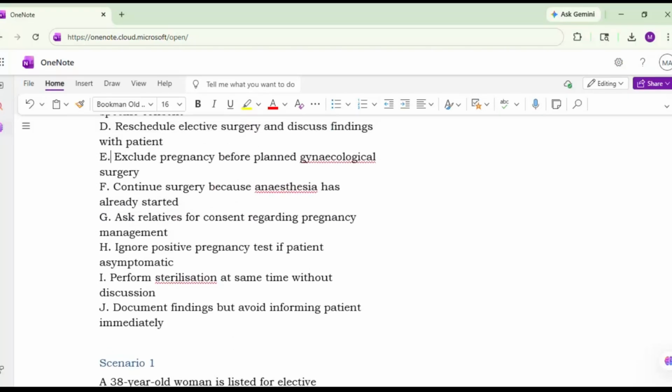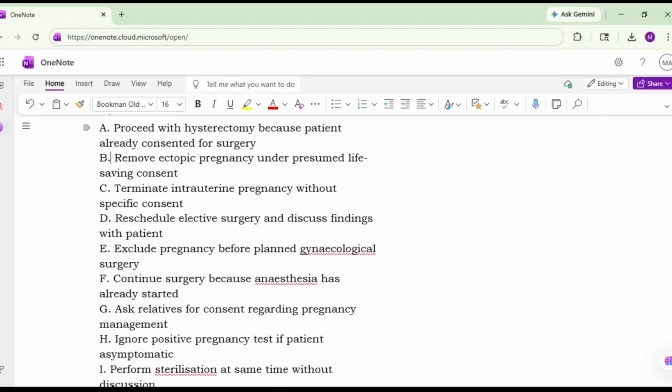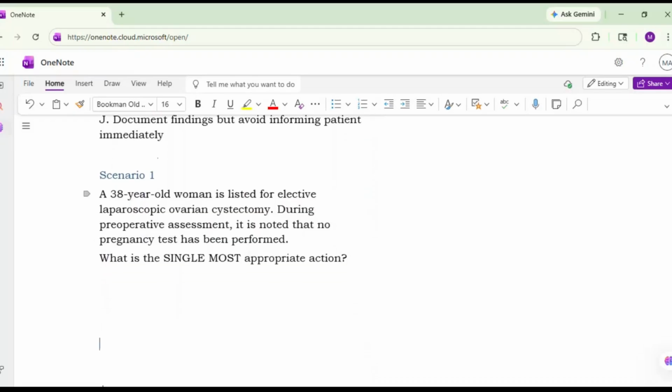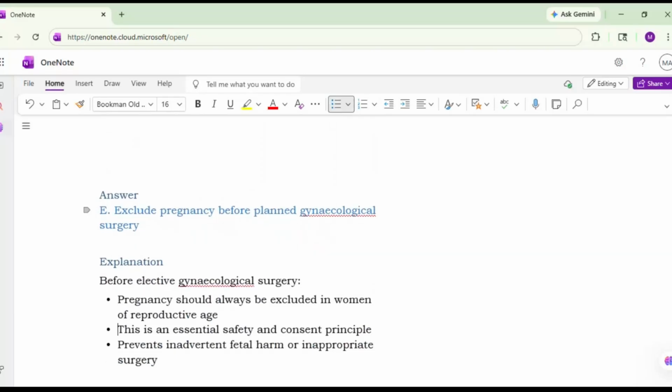She is posted for surgery, but no pregnancy test was done. E should be there: exclude pregnancy before planned gynecological surgery. Always exclude the pregnancy before planned gynecological surgery.